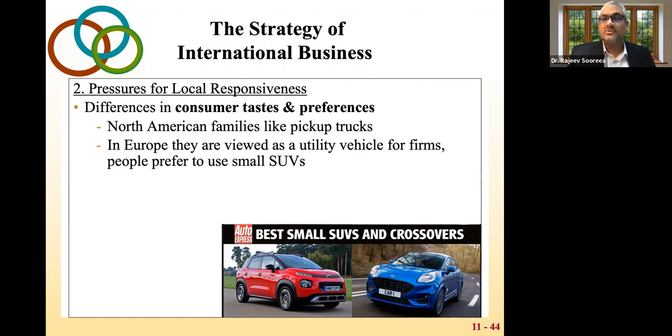So one of the reasons why Tesla is successful here in Northern California is because people are very conscious about the environment. People want to have no pollution, and people are getting, of course, tax benefits and other benefits. But in addition to those, people are very conscious about the environment, and they don't want to create pollution. They want to buy electric vehicles. So if that is the need of the consumer, then you need to provide that need.